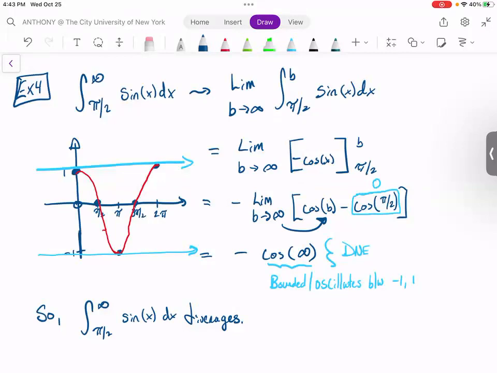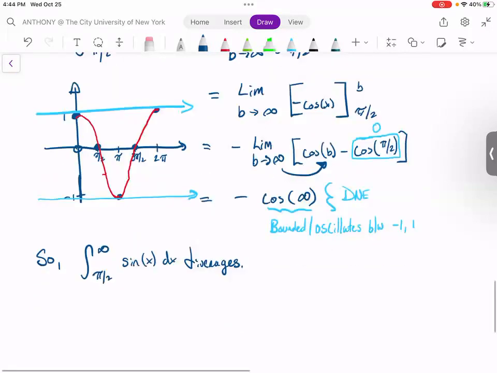All right, that was a good example. I think I'm missing one example. The one example that I haven't done yet is where the lower limit of integration is at -infinity. So I want to do one of that now. Let's say, for example, we have the integral from -infinity to 0 of e to the x dx.